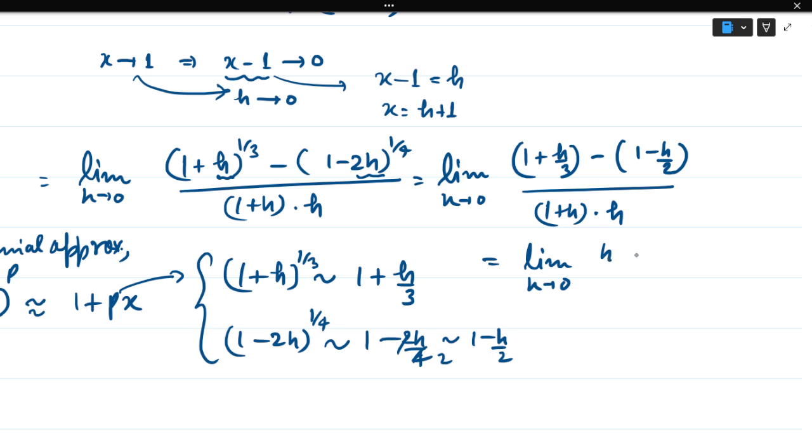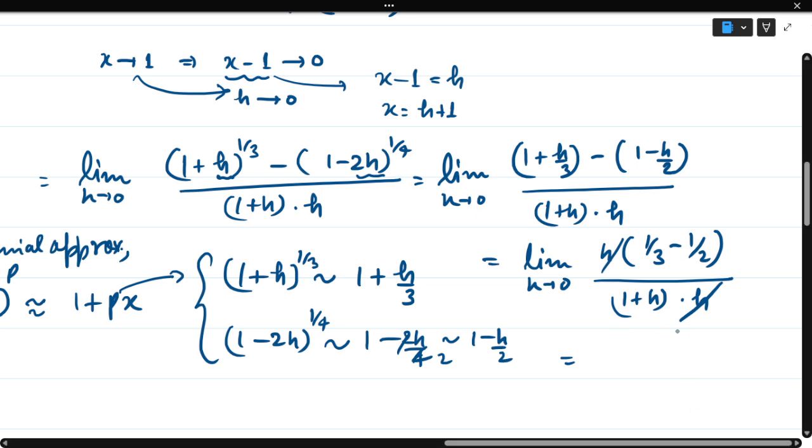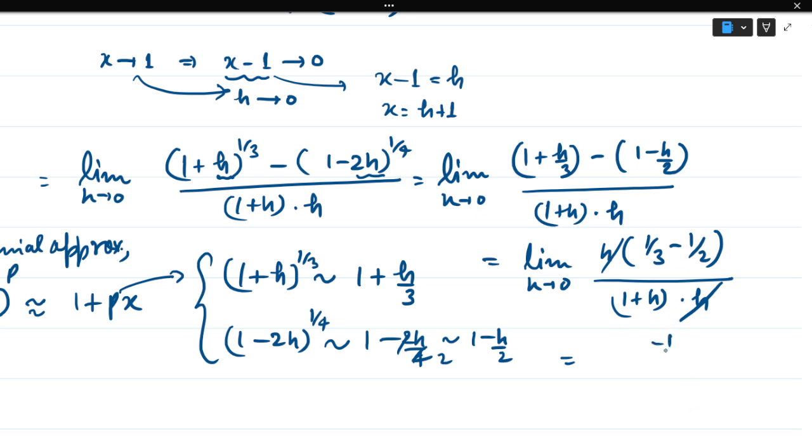So we get h common, (1/3 minus 1/2), and in the denominator we have (1 plus h) times h. So h and h cancel out. If we directly substitute the value 0, we get minus 1/6 in the numerator. Am I correct?